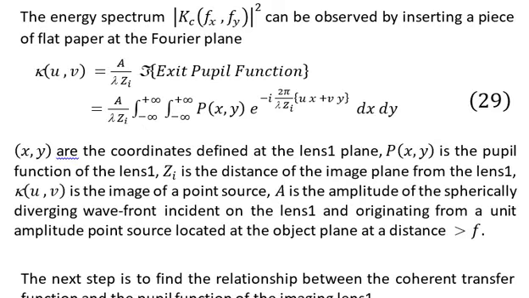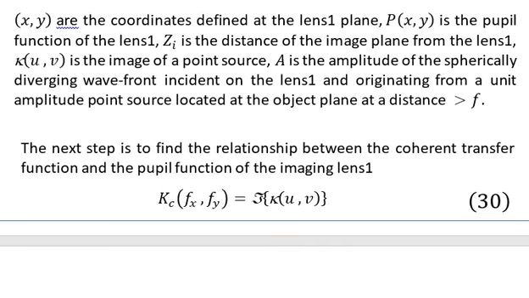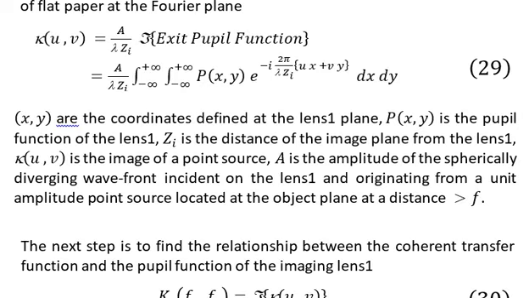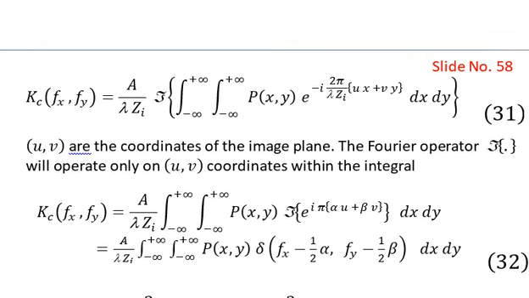So substituting the value of kappa in equation number 30, you can find the relationship between the coherent transfer function of the imaging system and the pupil function of the imaging system. So let's do that. That is, replace kappa in equation number 30 by its value from equation number 29, and this is what we have done in equation number 31.